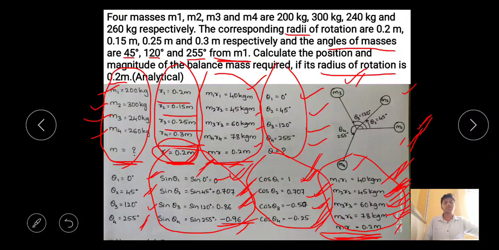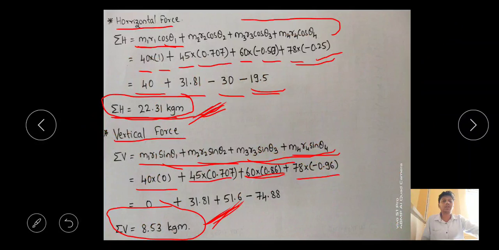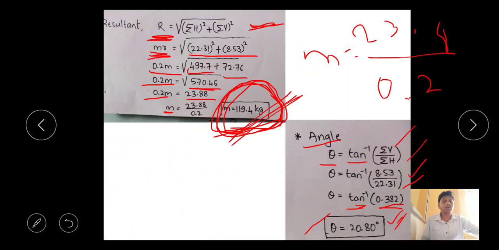This is a simple procedure. The same type of problems will be asked in the exam for 10 marks. It is a fixed problem. If you understand one problem, all the other problems are similar.